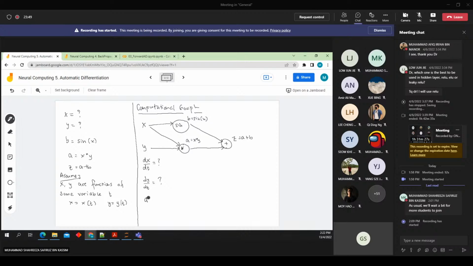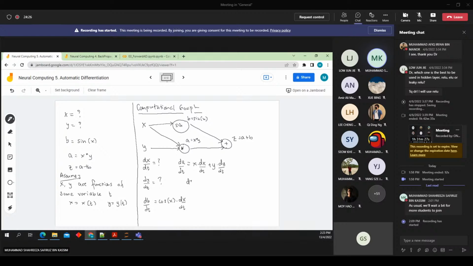And then you can write db of dt, which is equal to cosine of x times dx dt. And you can also have dA of dt equals x dx over dt plus y times dy over dt. Not dy over dt, dy of dt, because it's not a fraction.